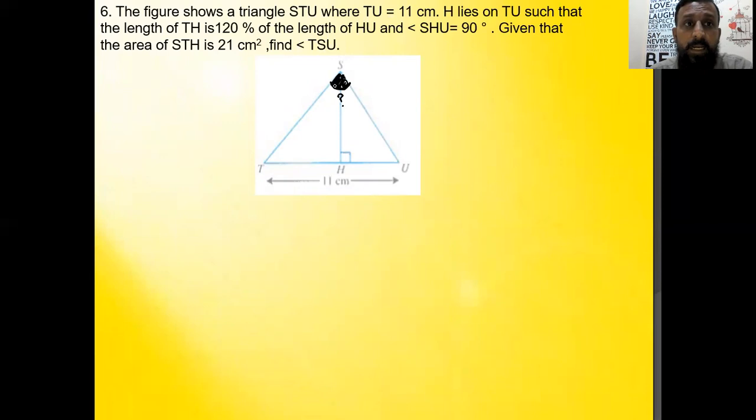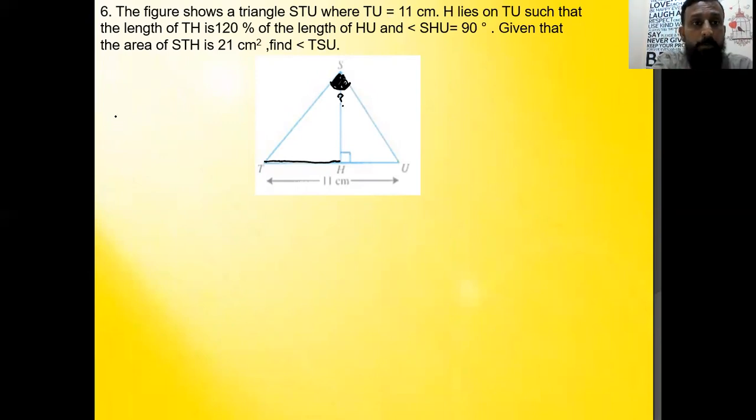They are saying that the length TH is 120% of the length HU. The length TH, they're talking about this length, boys and girls, is equals to 120% of the length HU.